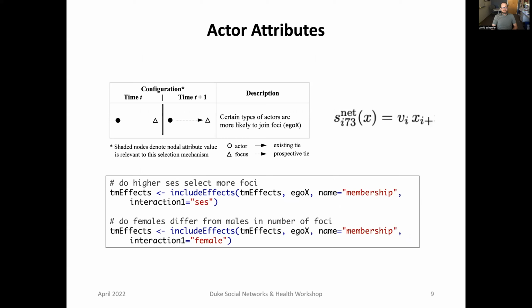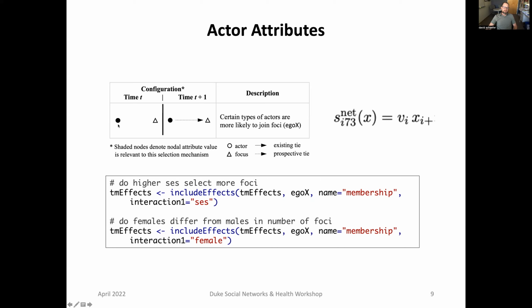All right. So I'm going to present some common kinds of effects we might be interested in. I'm not going to go into depth on all of these, but I want you to see how these things are instantiated. I mentioned earlier we have actor attributes, that certain types of actors matter, and here in this configuration the shading means the actor attribute is salient.